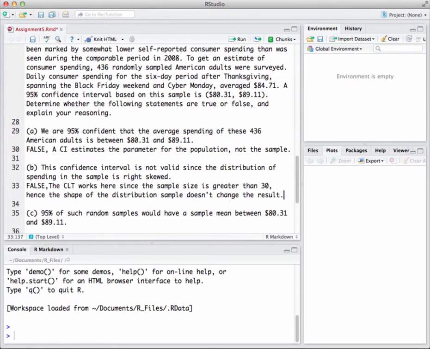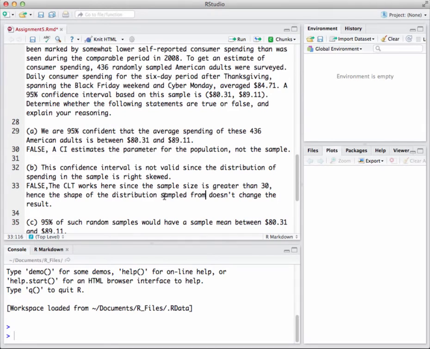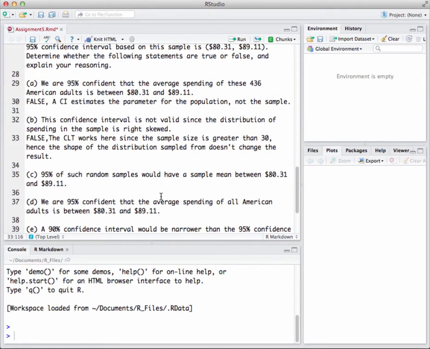In other words, it doesn't matter if it was skewed left, skewed right, bimodal, uniform, etc.